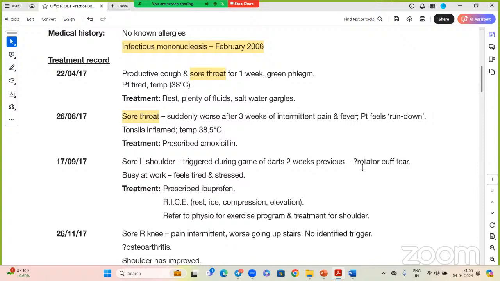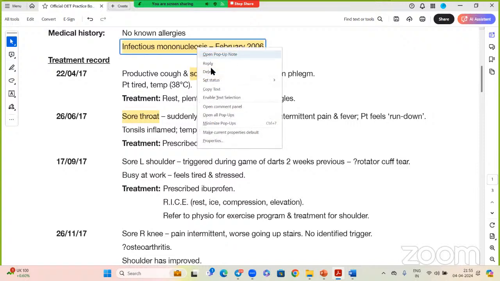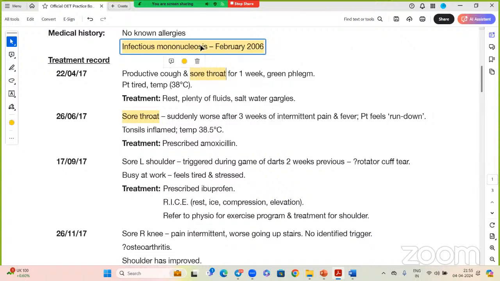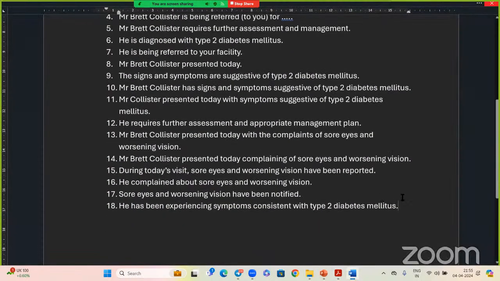Rotator cuff tear. Fine. So you can say this one. Let us take these points now: infectious mononucleosis and sore throat. So we can write all different sentences I am giving you here.